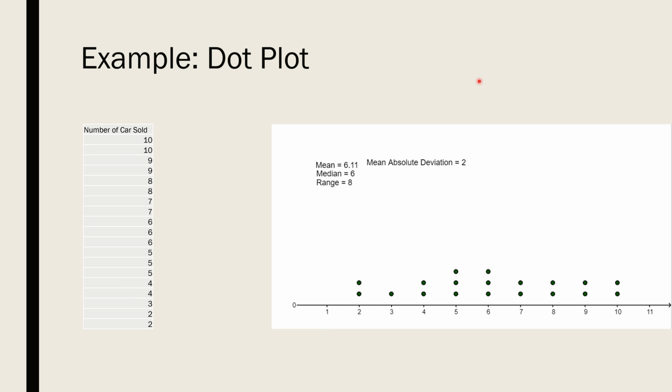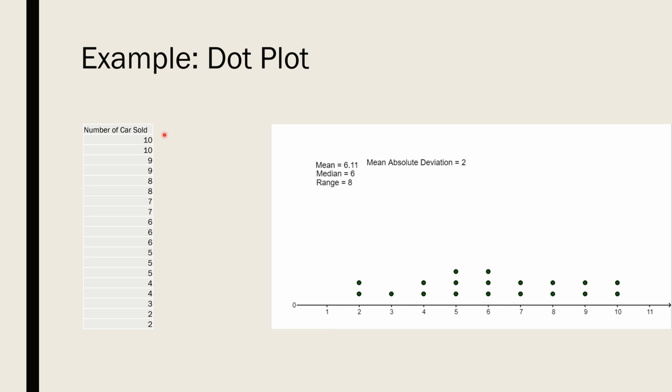Here is an example about a dot plot. There are 3 dots on number 5 because number 5 happens 3 times in this dataset. There are 2 dots on number 10 for the same reason.